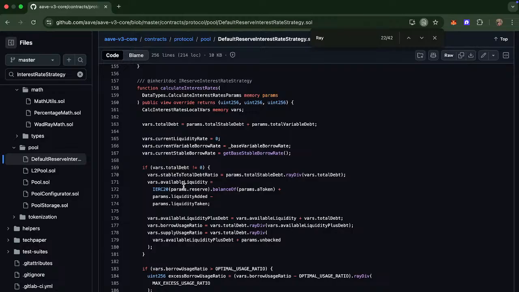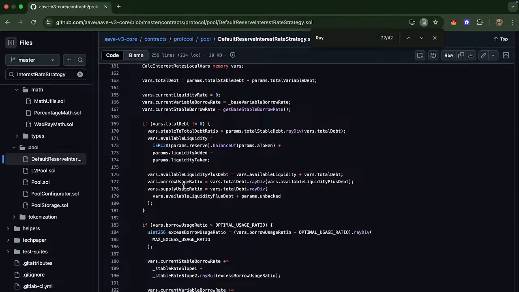Current stable borrow rate. Stable to total debt ratio.